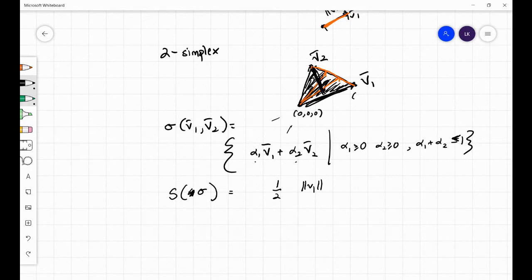So notice that's the distance from v2 to the span of v1. So that relates back to the idea of the distance between a point and a subspace. So that's the area of a triangle.